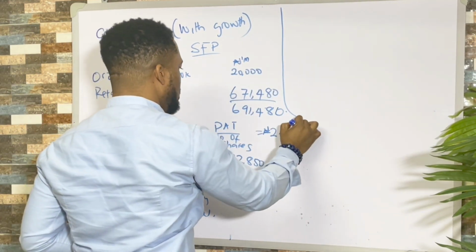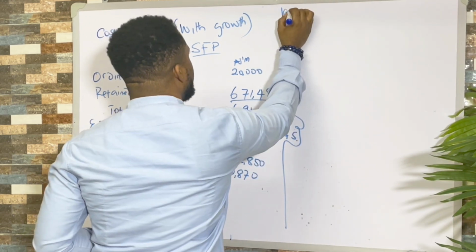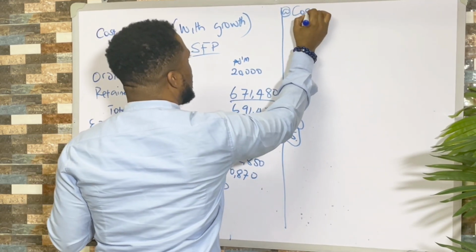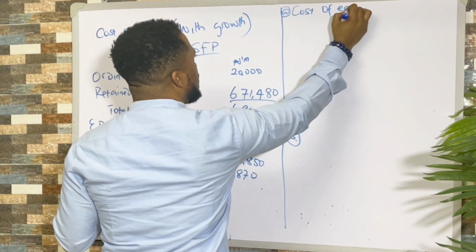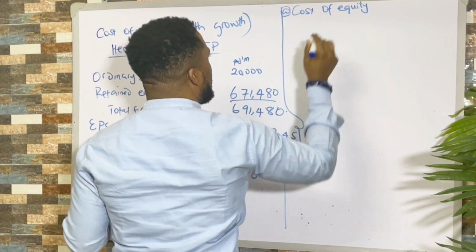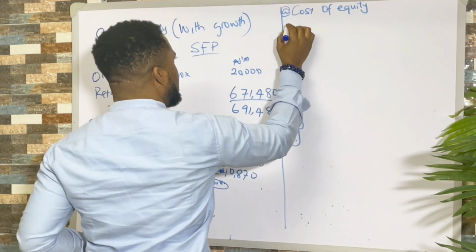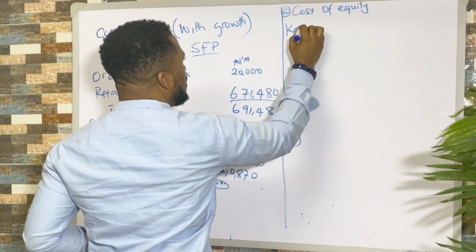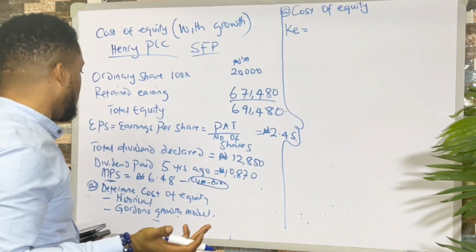The A part of this question: cost of equity. Remember, we said KE, when you have growth, and in this case we automatically have growth.